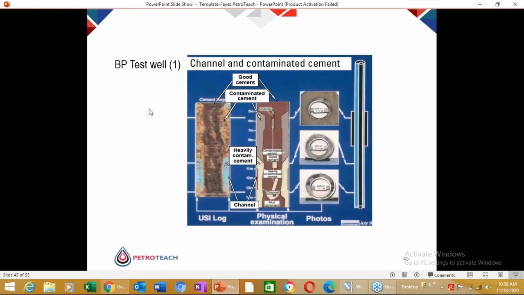Here, as an example, for the Rich Petroleum test well, this dark one is good cement, but this one is contaminated cement, and this one is also contaminated cement with channeling. From this data we are gathering from USI.